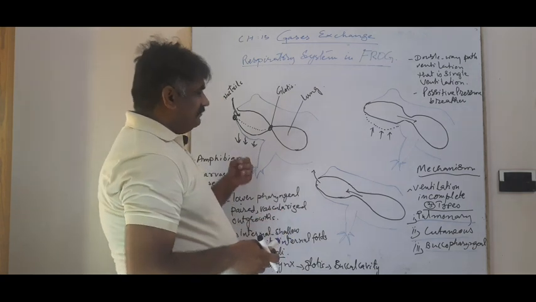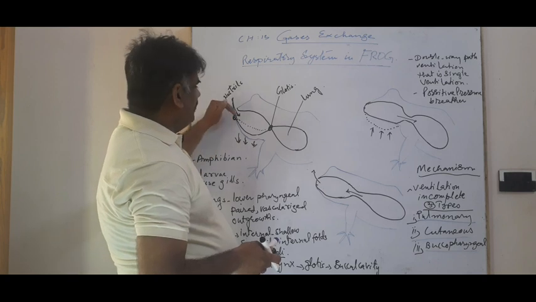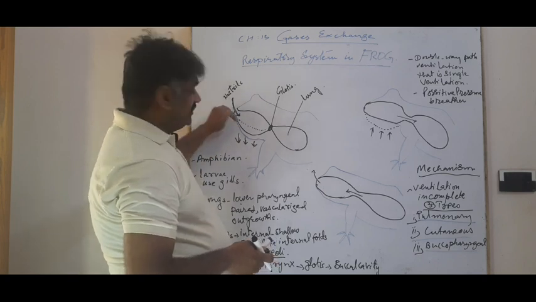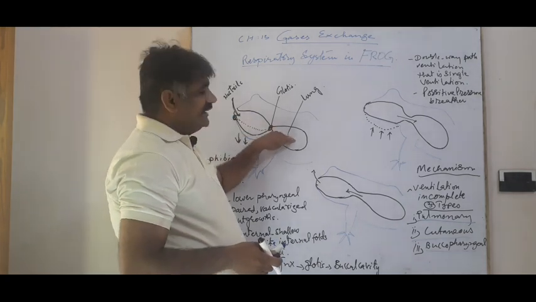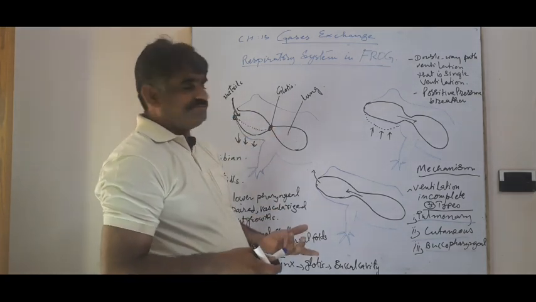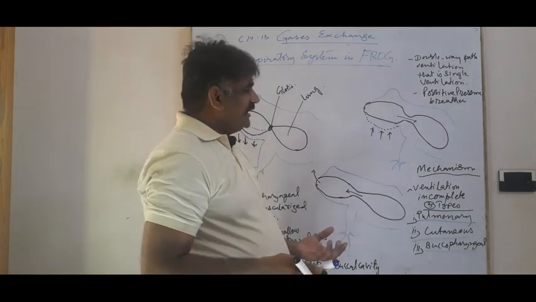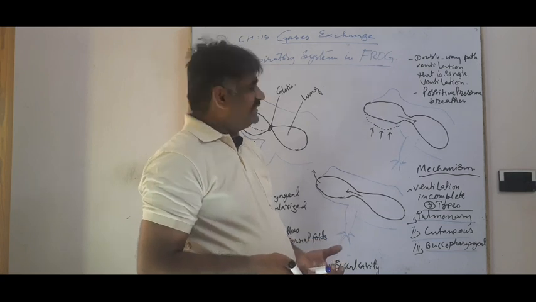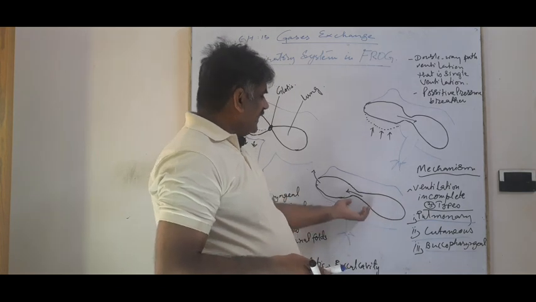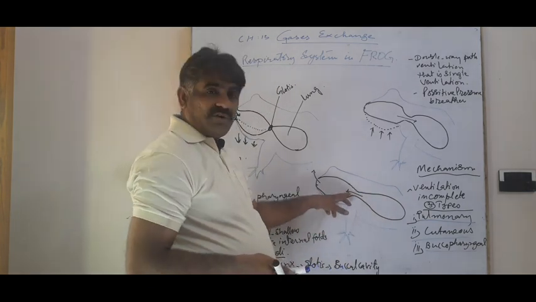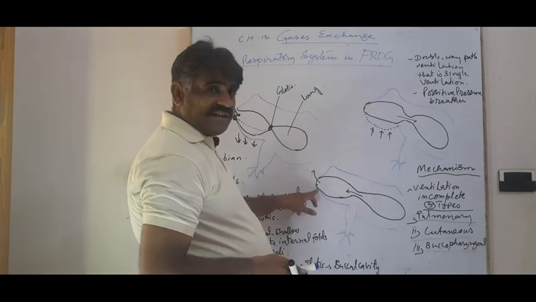In the same way, during this inspiration, we have seen how air rushes into the buccopharyngeal region and then into the lungs. In the same way, during the expiration, when lungs are filled with air, the abdominal pressure is exerted over the lungs and glottis remains opened, but nostrils now become open, mouth again closed.